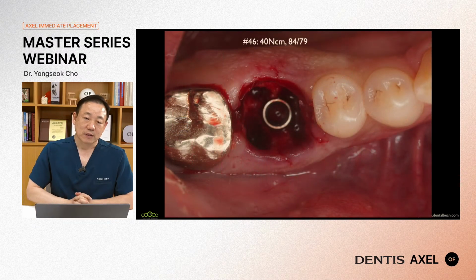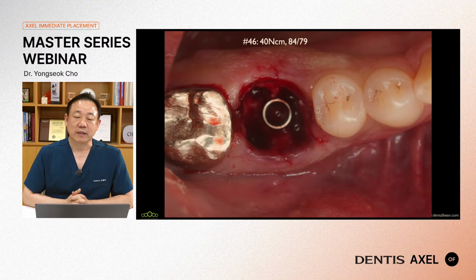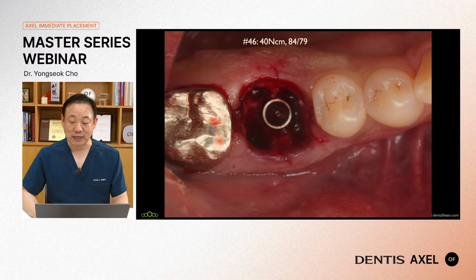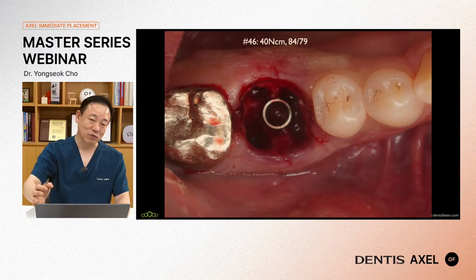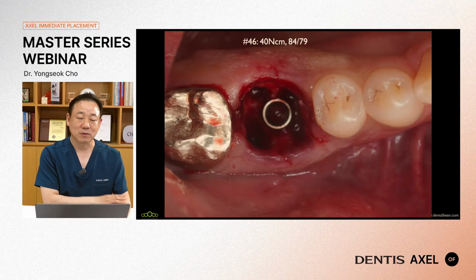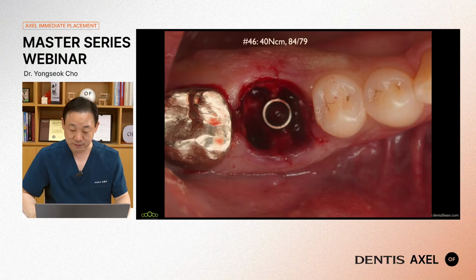Okay. Then I can get strong primary stability, 40 Newton centimeter, ISQ 84, 79. And the position of the implant looks also nice because I performed osteotomy beforehand with transradicular drilling. The position is well fixed at center.